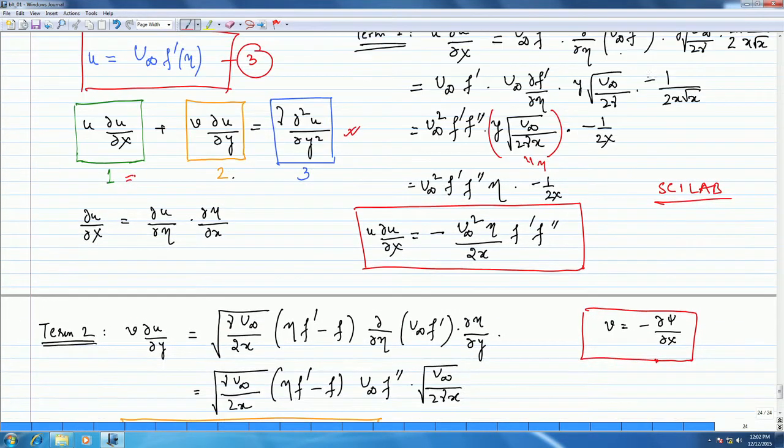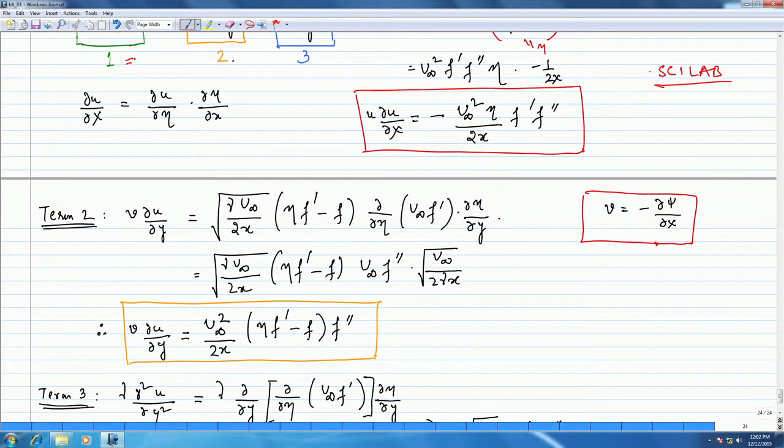But we do not have anything for v. Now, you should be able to get this v from the stream function in this particular case, and this v boils down to this.